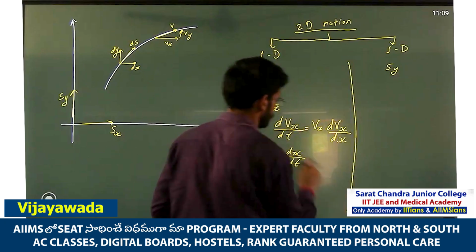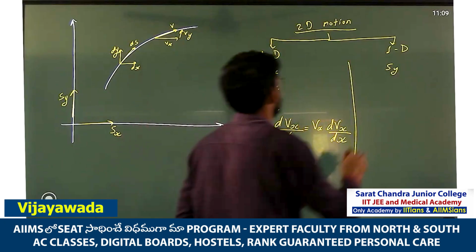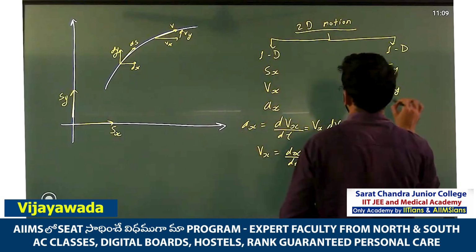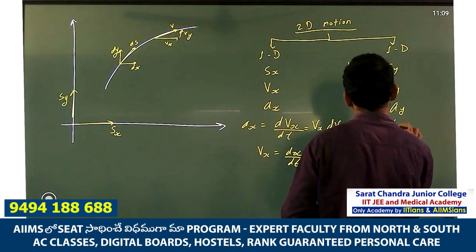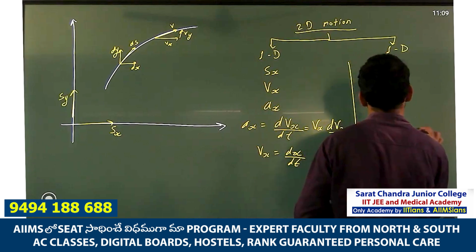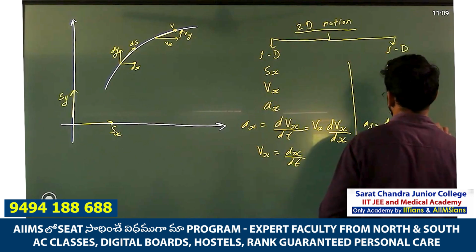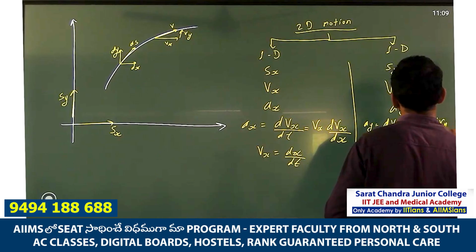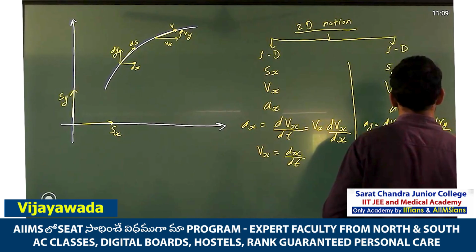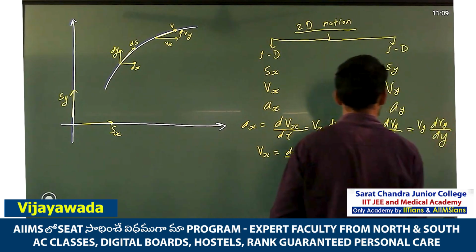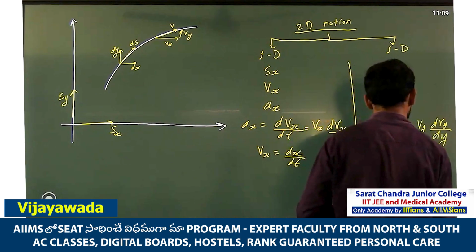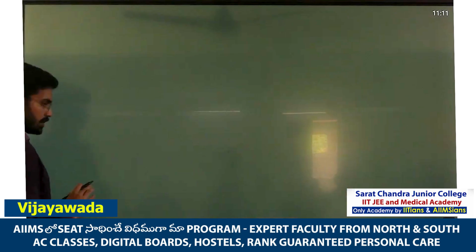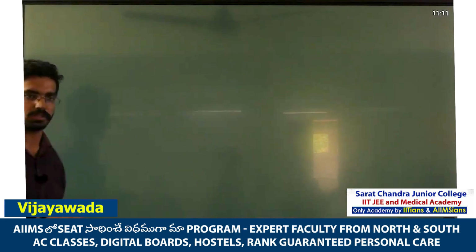Here vy, ay, and ay is equal to dvy by dt is equal to vy into dvy by dy, and velocity in y direction is dy by dt. I'm not talking about y direction. Y direction variable, constant, zero, doesn't matter.